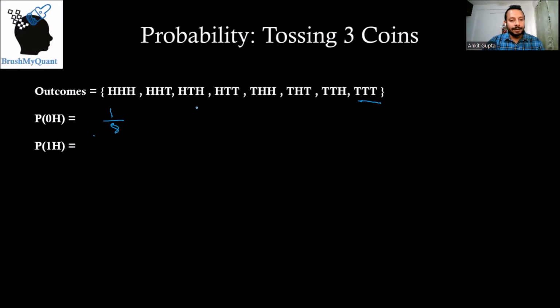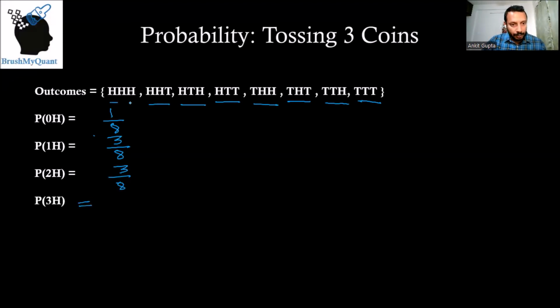Probability of getting 1 head will be nothing but this outcome, this outcome, and this outcome. So 3 divided by 8. Probability of getting 2 heads will be nothing but this outcome, this one, and this one, which will be nothing but 3 by 8. Probability of getting 3 heads will be nothing but only one outcome. So this is nothing but 1 divided by 8.